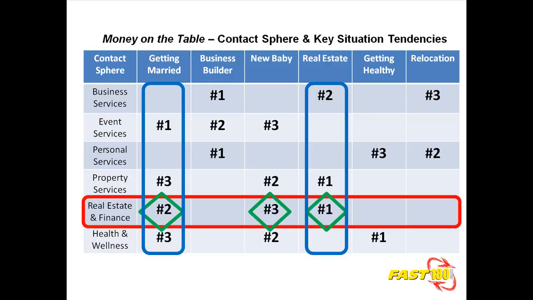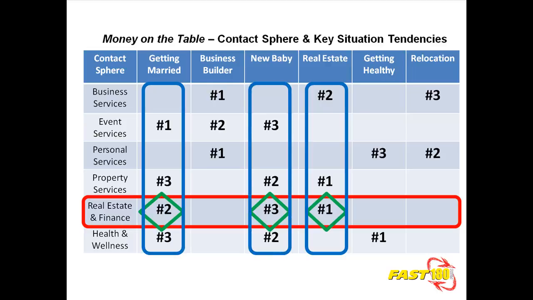So let's take a look at the final key situation, the third key situation for real estate and finance contact sphere businesses, which is the new baby key situation. Again, growing families with a new baby or one on the way drive the real estate key situation. So it is in real estate professionals' and finance professionals' best interest to stay visible to growing families.